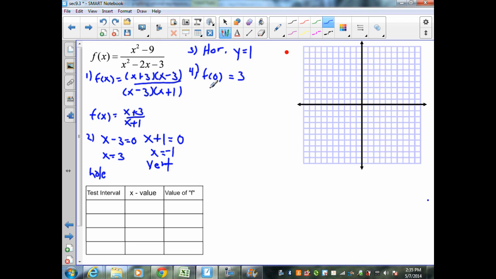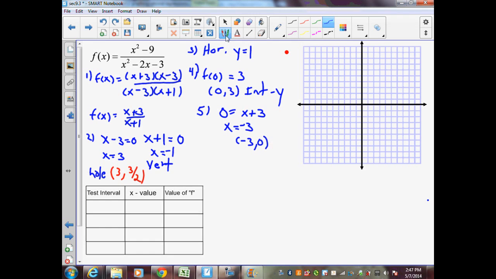So my y-intercept is at (0, 3). For my x-intercept, I'm going to set 0 equal to my numerator, which is x plus 3. So x equals negative 3.